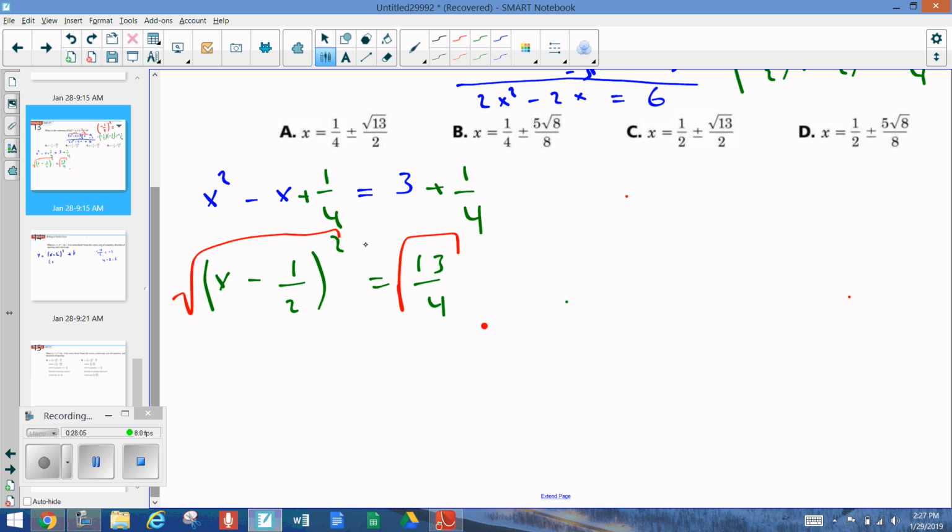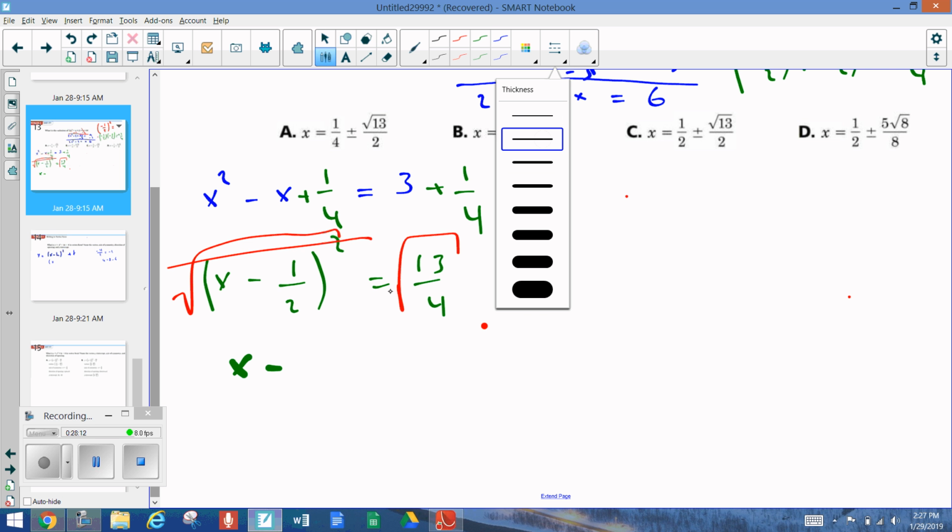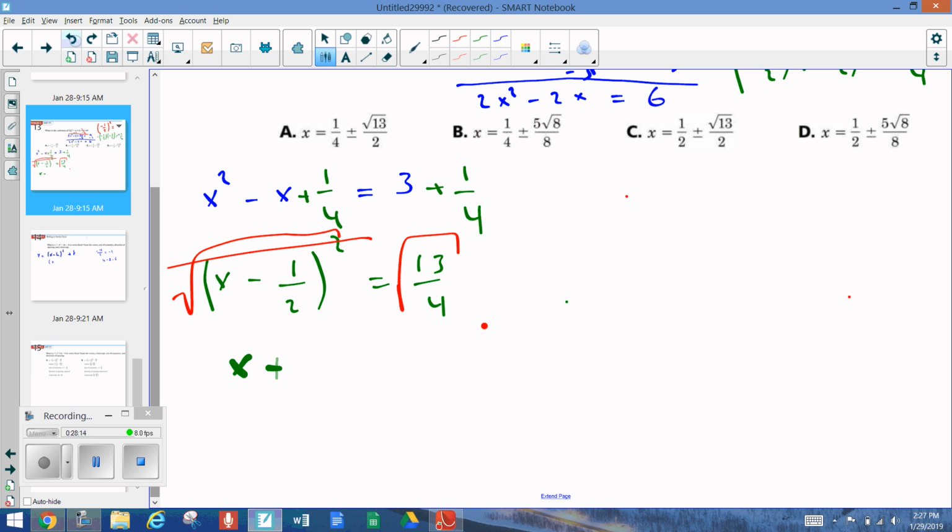Okay, so it cancels out. X minus 1 over 2 is equal to square root of 13 over 4. We can write it like this.